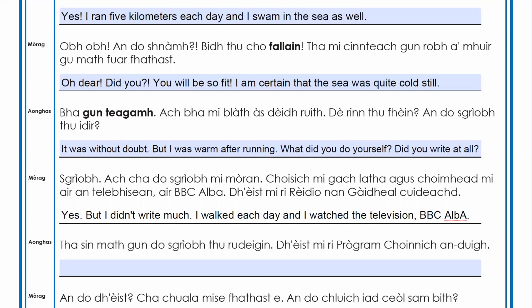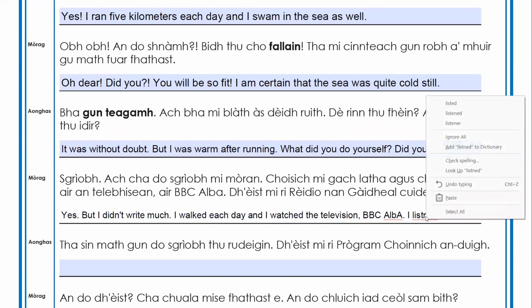Géist mi vi radio in Gael. So agéisteach, listening. Éist is the root. So I listened to radio in Gael.